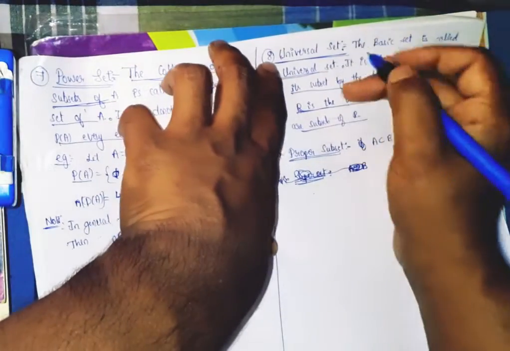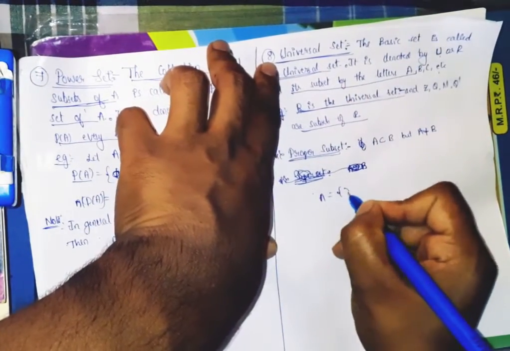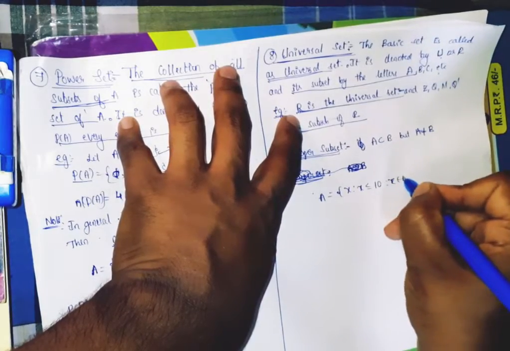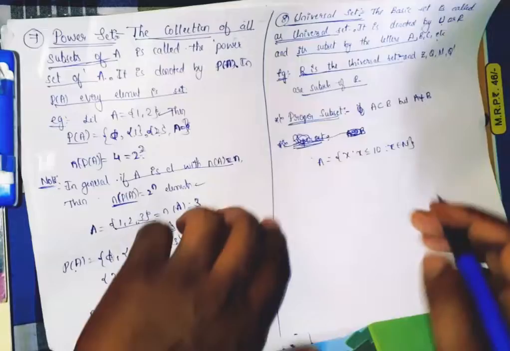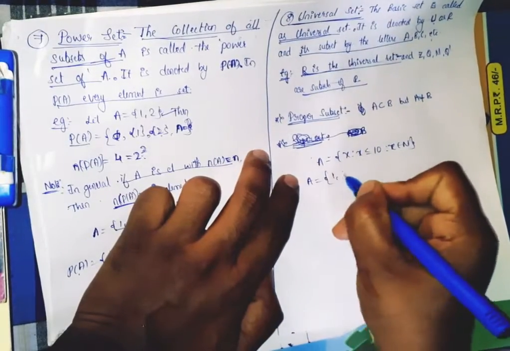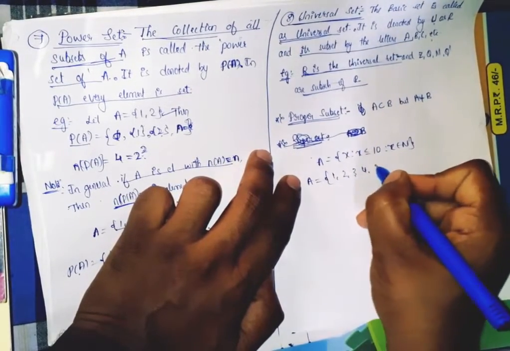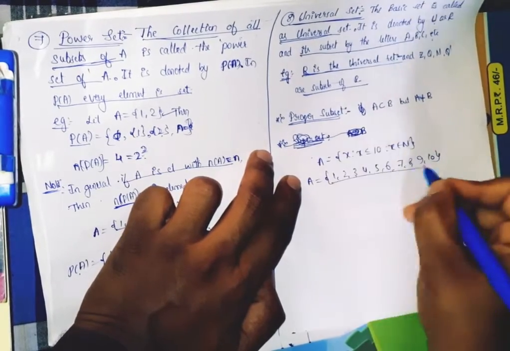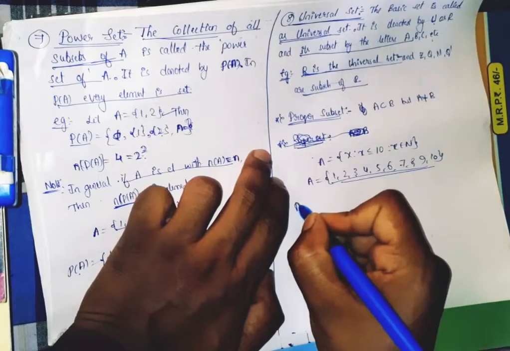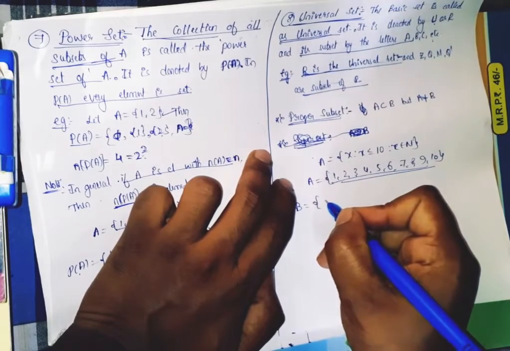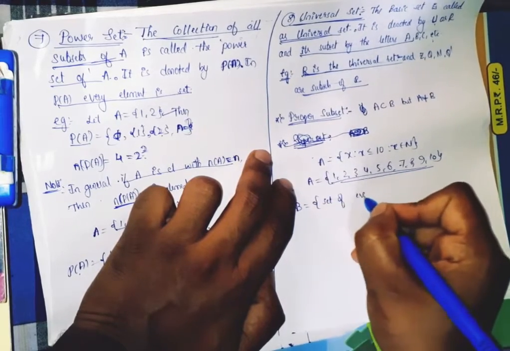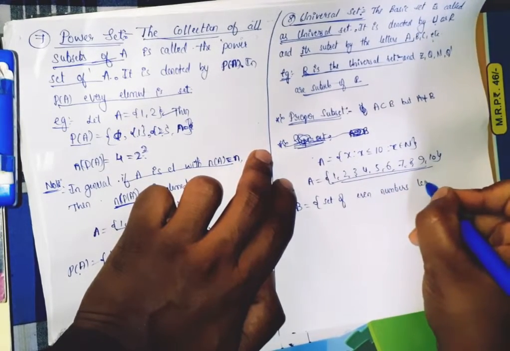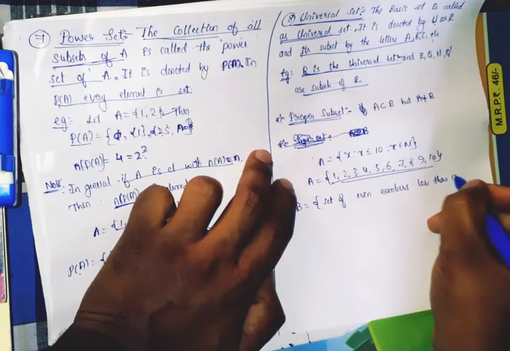Any basic set, for example x such that x is less than or equal to 10 and x belongs to natural numbers. Okay, so that's 1, 2, 3, 4, 5, 6, 7, 8, 9, 10. So this is the set A, and set B is the set of even numbers less than or equal to 10.